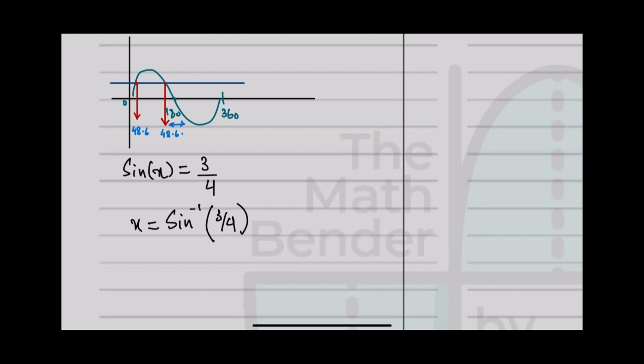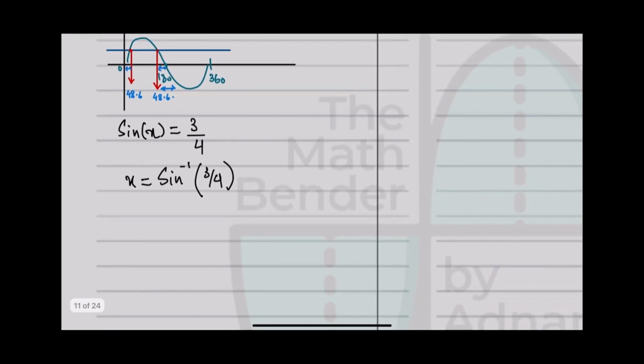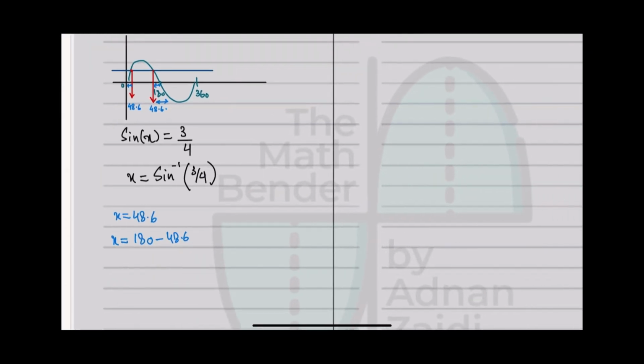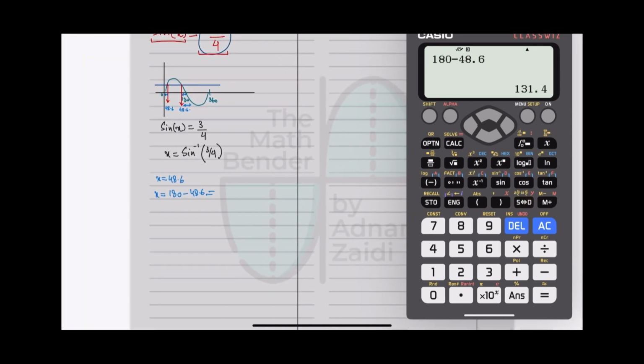So since it's symmetrical, this distance is the same as this distance. So what I do is I write x equals 48.6 and how much less is it from 180? So x is also equal to 180 minus 48.6. So this is going to be 131.4.